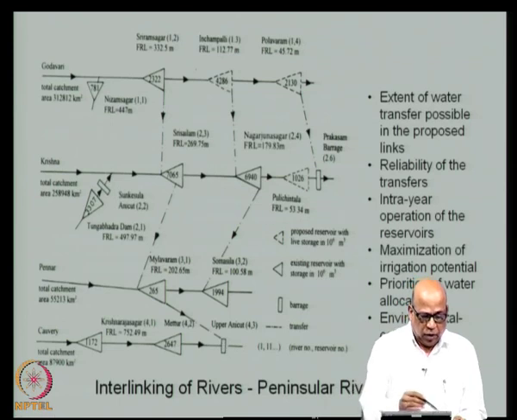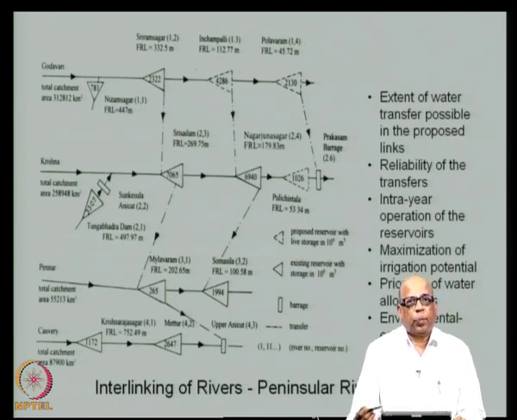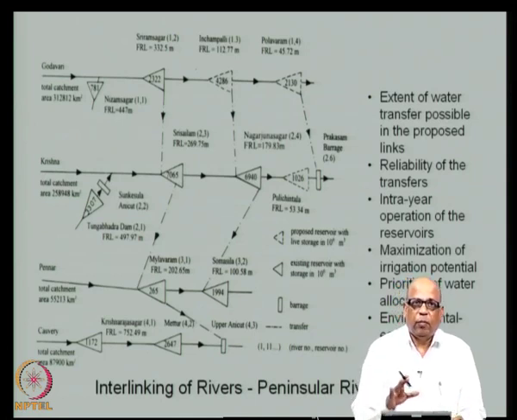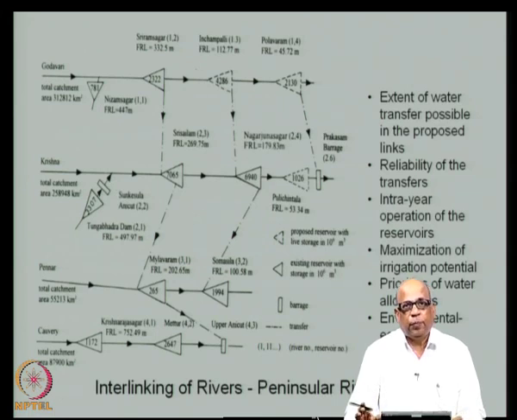So, when you want to analyze such a system purely from a systems point of view, for the time being you do not worry about what happens to hydrology, what happens to environment, what happens to ecology, etc. They are all extremely important issues, but from the systems point of view, first see whether this can be done at all, just looking at the quantity of water available.